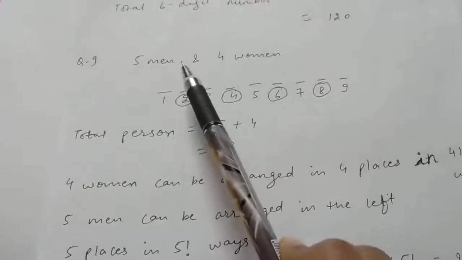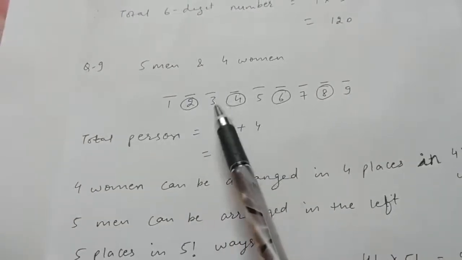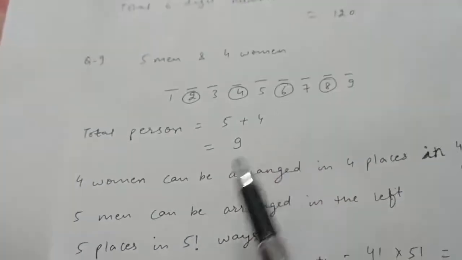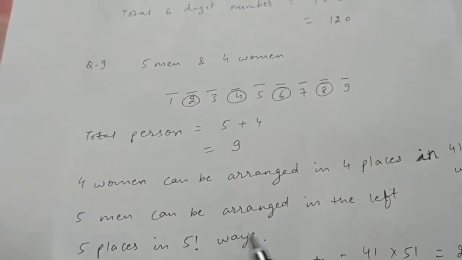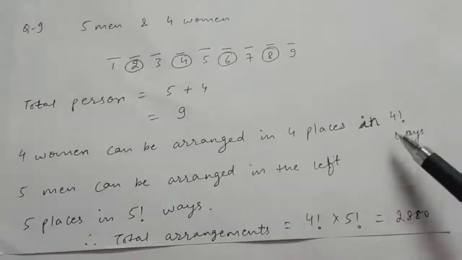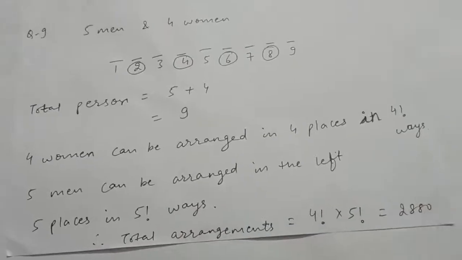Now 5 men are left, and also 5 places, first, third, fifth, seventh and ninth. So the 5 men can be arranged in these left 5 places in 5 factorial ways. Therefore, total arrangements will be 4 factorial into 5 factorial, that is 2880.